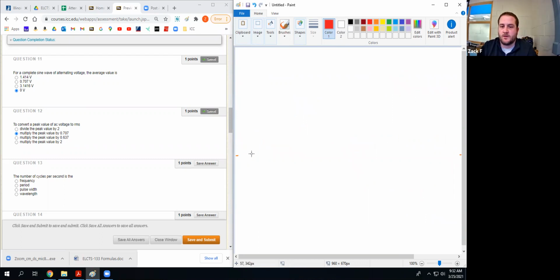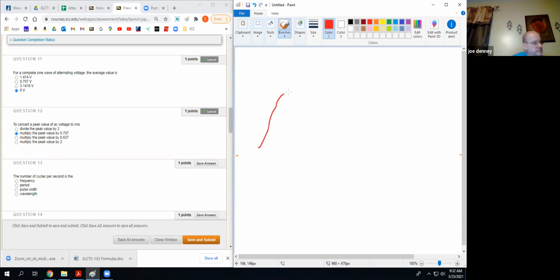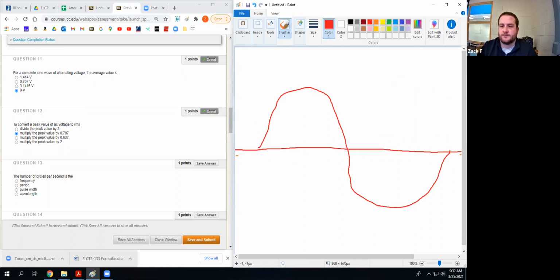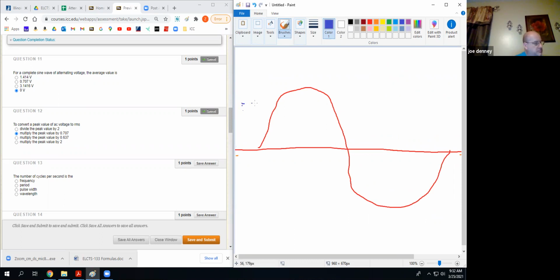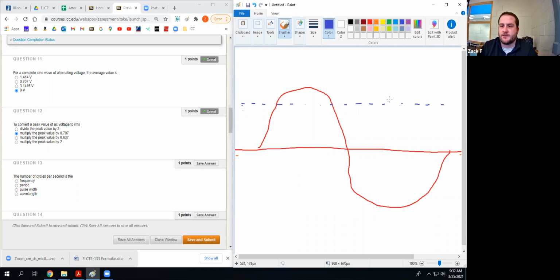So if I'm given an RMS value of, let's say it's 50 volts, and we want to find what the peak is. There's a couple different ways you can do it.